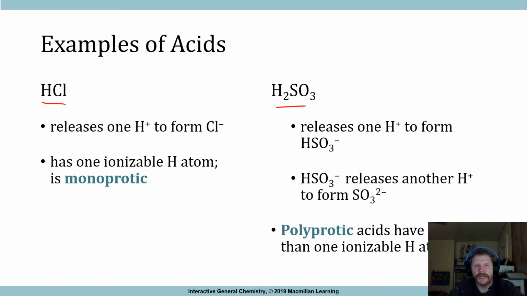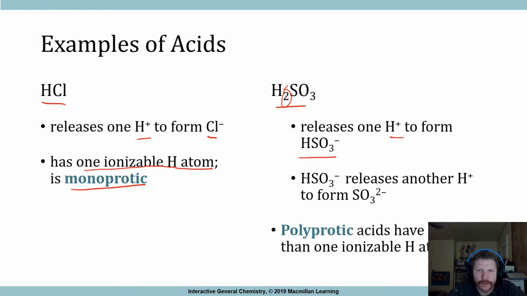HCl releases 1 hydrogen ion to form a Cl- ion. So this has 1 ionizable hydrogen atom. This is a monoprotic acid. Now H2SO3, what's the difference? Well, it's obviously got sulfur and oxygen compared to the chlorine, but we got 2 hydrogens. So it's going to release 1 hydrogen ion to form HSO3-.